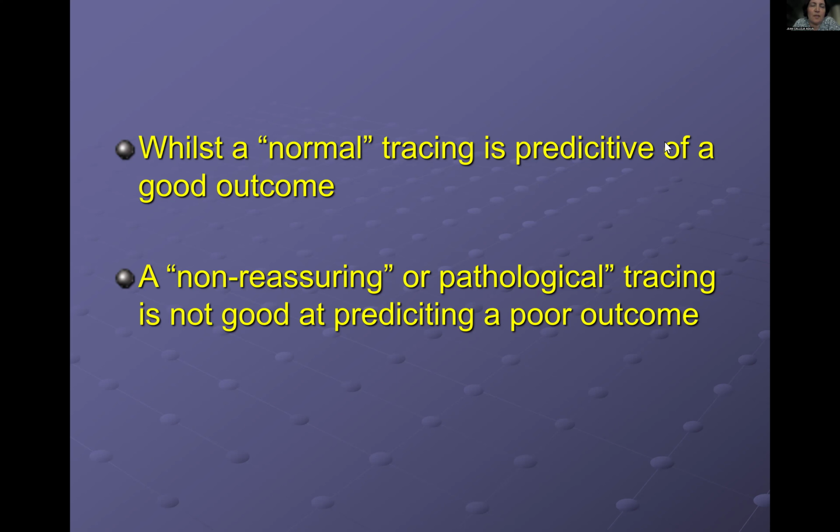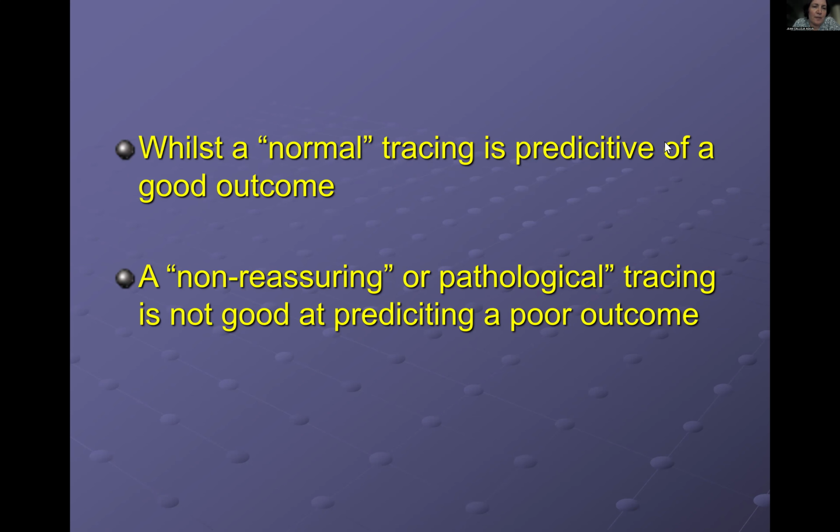We're going to see that sometimes an abnormal tracing might be mistaken for a normal one. But if it is a really normal tracing, it is predictive of a good outcome. So having a normal CTG means that very likely the baby will be born healthy and normal, without respiratory distress.